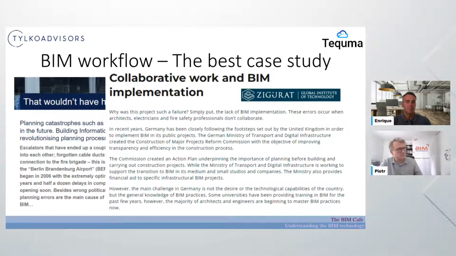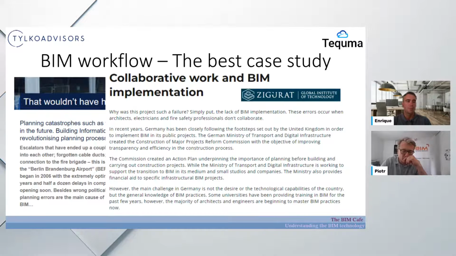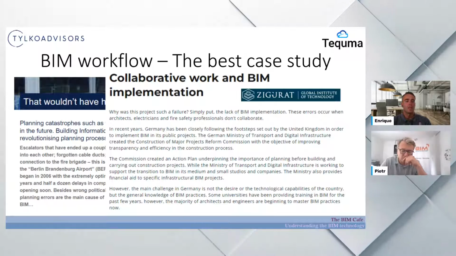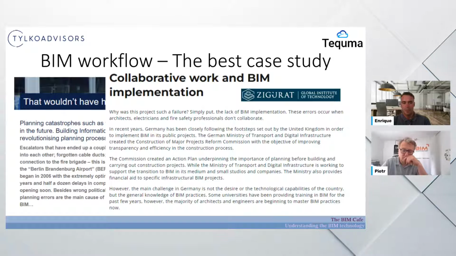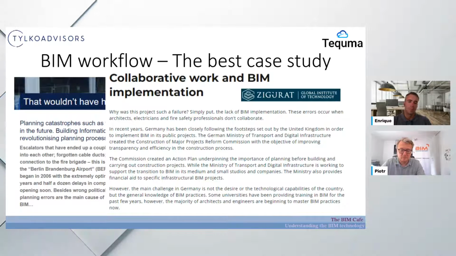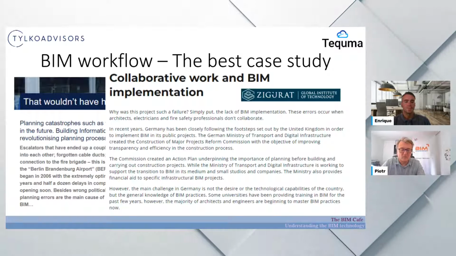But this is really where the German Ministry of Transport and Digital Infrastructure decided to say, okay, now guys, this is a turning point for us. From now on, we are going to start to require this level of BIM, this dimension of BIM, on our projects, because there's no possibility that we can keep running projects of this size without making BIM into the practice.